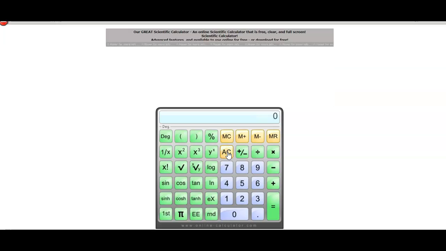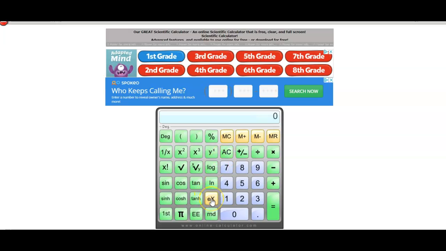So when you're doing E, it doesn't really read it in order. So what I'm going to do is I'm going to do 0.04 times 20. And it's 0.8. I'm going to do E to that power. So I'm going to hit the E. And that gives me what E to the 0.8 is.